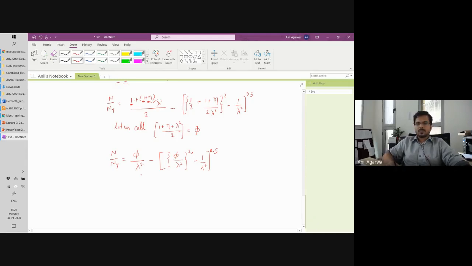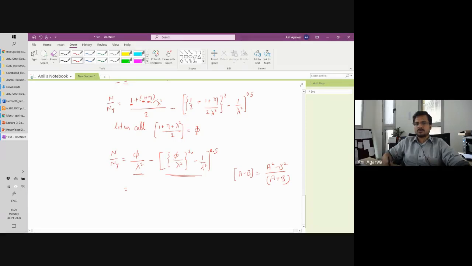Now what we see here is 1 minus 2, or a minus b. So a minus b is also equal to a square minus b square divided by a plus b. Agree? Let's do that here. If I do a square minus b square, I get phi square divided by lambda to the power 4 minus, again, it's square, so that is phi square divided by lambda to the power 4.